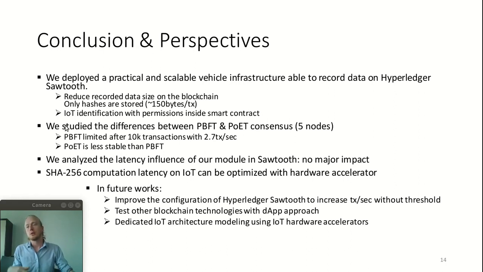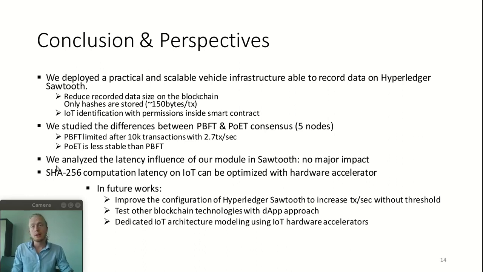We also studied two consensus algorithms, the practical Byzantine fault tolerance and the proof of elapsed time consensus with 5 nodes. We have seen that the practical Byzantine fault tolerance is limited after 10,000 transactions with an average of 2.7 transactions per second, and that the proof of elapsed time is less stable than the Byzantine fault tolerance.